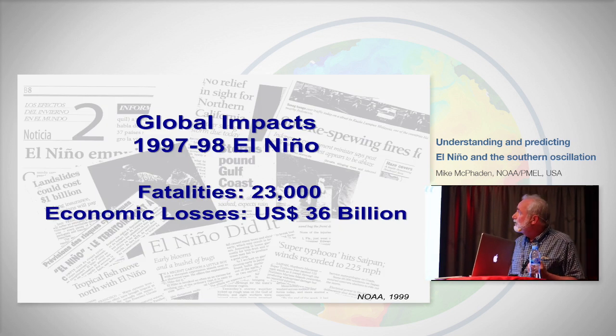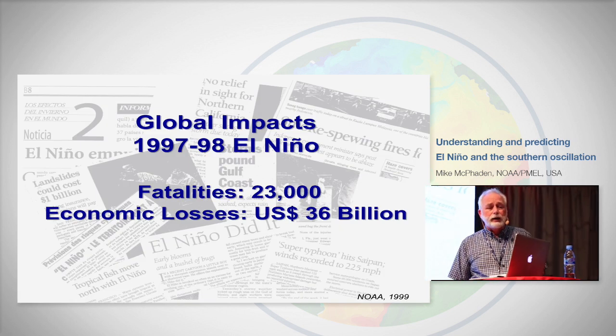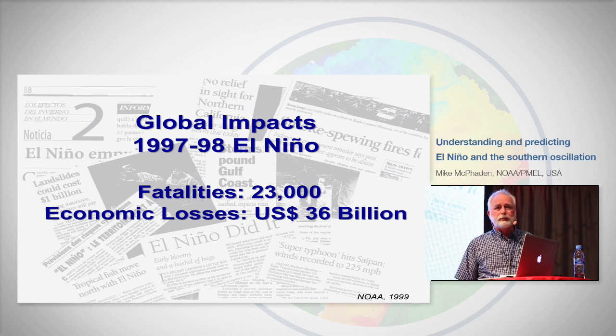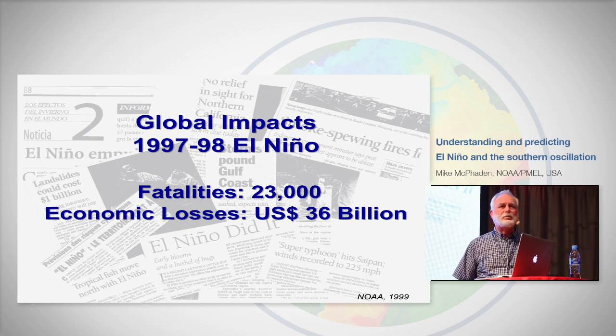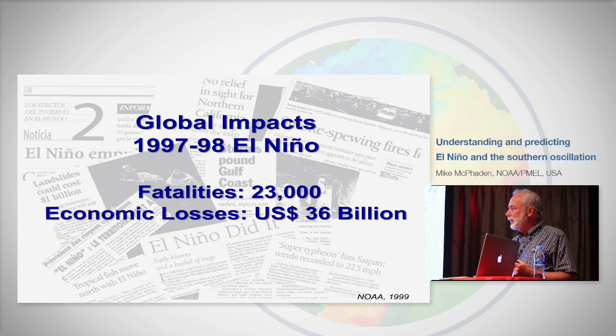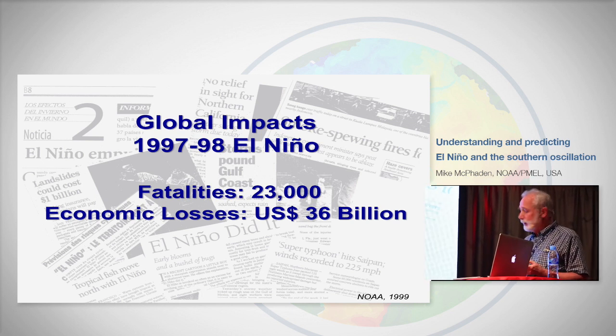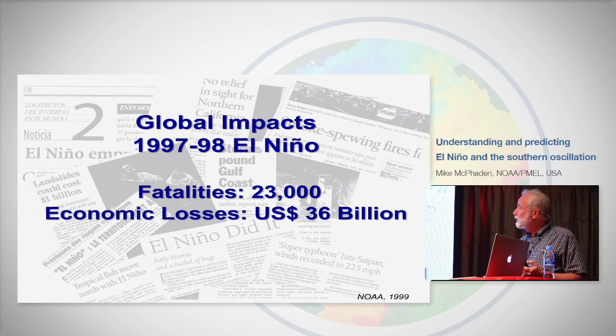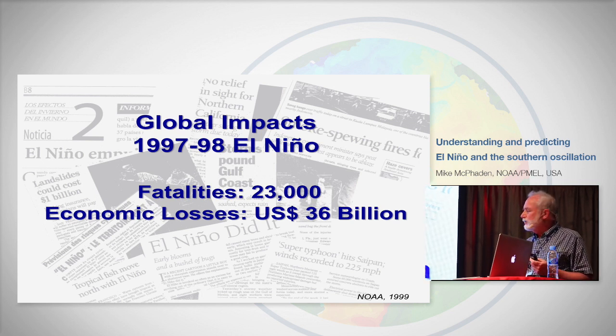At the end of the 97-98 El Nino, NOAA made an estimate of the net impact of that event on the globe. And this was the tally: about 23,000 fatalities worldwide and economic losses of 36 billion US dollars.